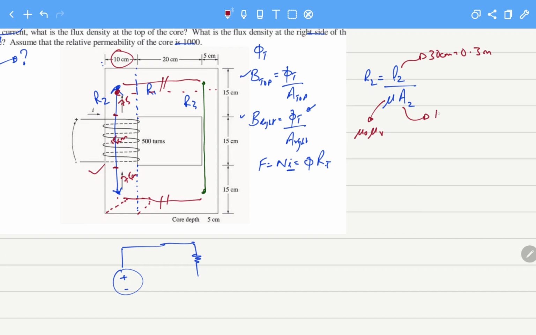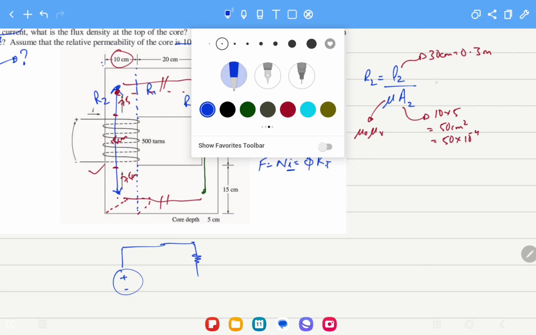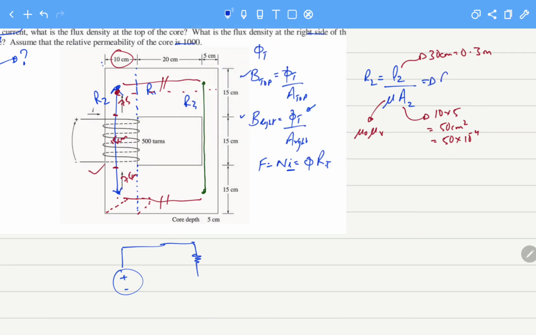So the area will be 10 into 5 equals 50 centimeter square, or 50 into 10 raised to power minus 4. So the value of R2, that is the left side of the core, if we put all these values, will be 47.75 kilo ampere turns per Weber. Now let's look at R3.